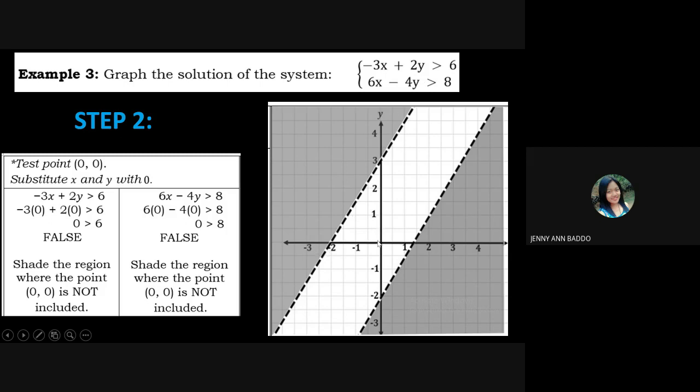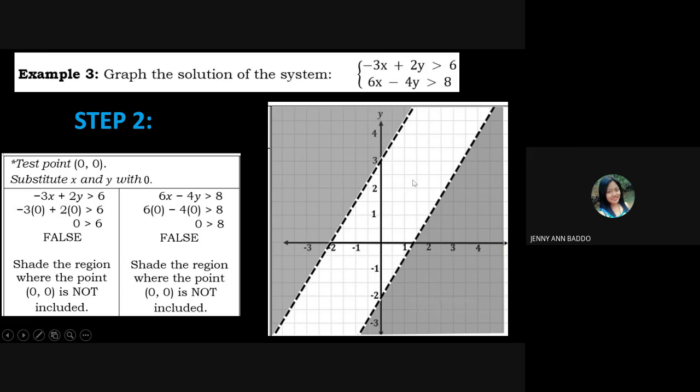Since point 0, 0 is not included on its graph, then the shaded region is at the upper left side of the boundary line. So it's at this region. And for the second inequality, 6x minus 4y is greater than 8, since 0, 0 is not included, then the shaded region is at this part.